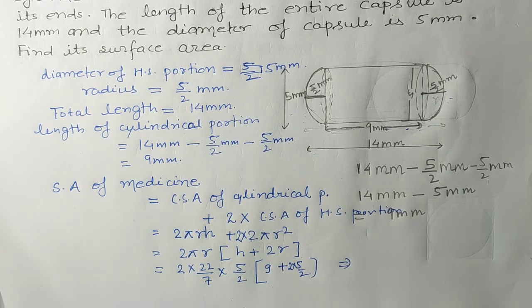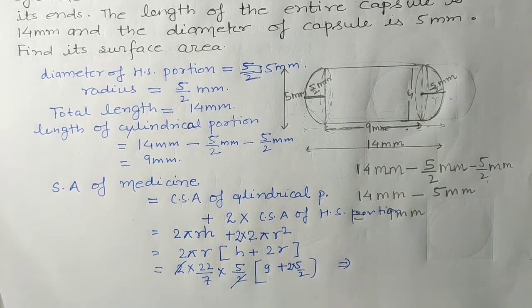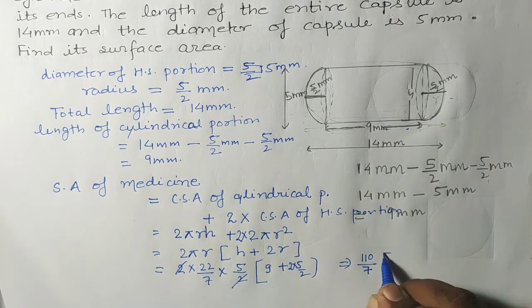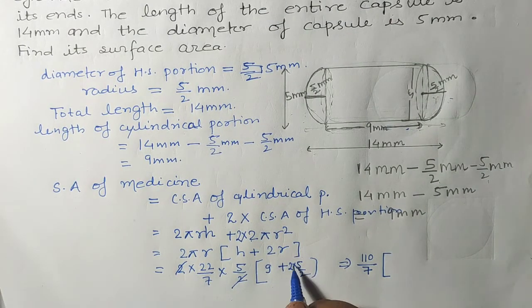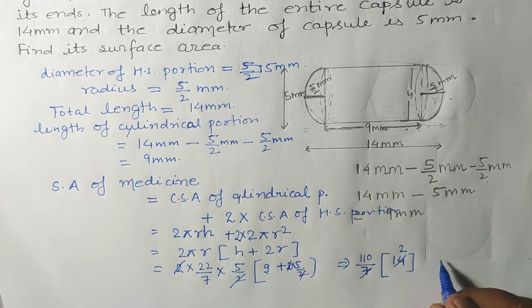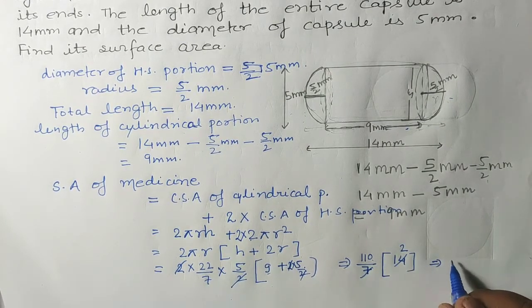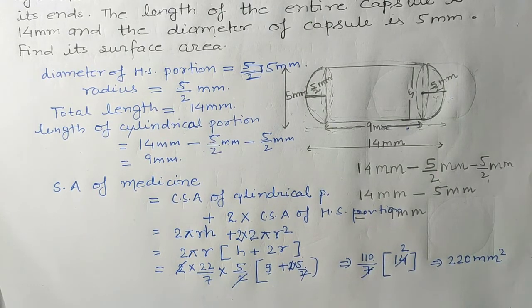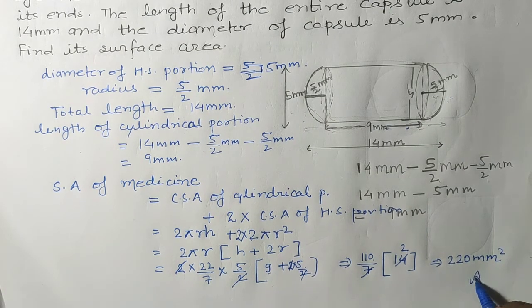So just solve it. 2 will be cancelled out. 22 into 5, that is 110 upon 7 into 2 and 2 will be cancelled out. 9 plus 5, 14. Okay, 7 2s are 14. So it will be 110 into 2, that is 220 millimeter square. Okay students, so the answer of this question is 220 millimeter square.